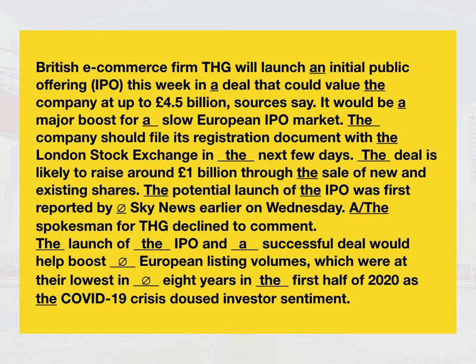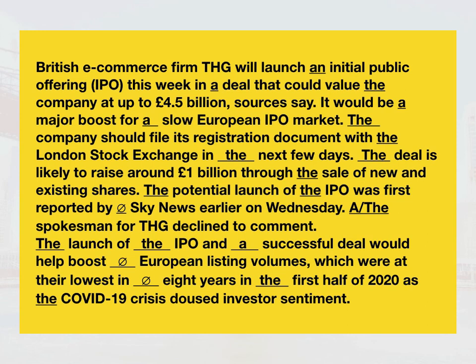Looking at the answers, British e-commerce firm THG will launch an initial public offering, IPO, this week, in a deal that could value the company at up to £4.5 billion, sources say. It would be a major boost for a slow European IPO market.